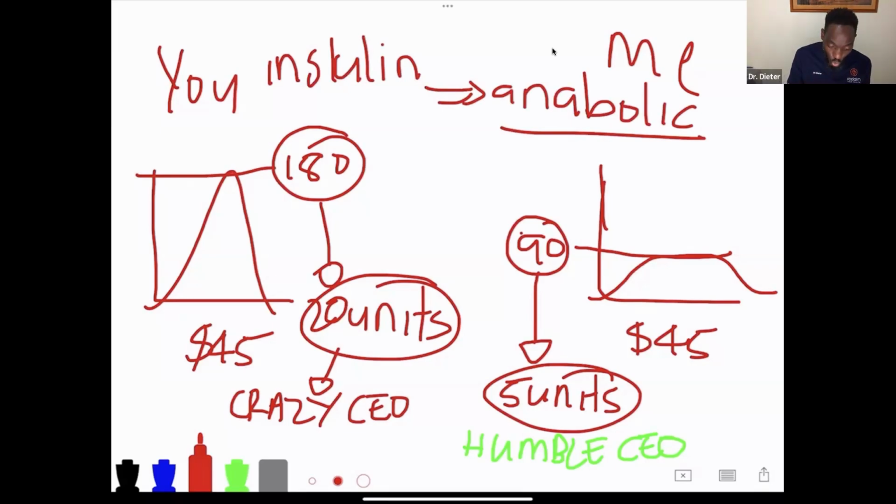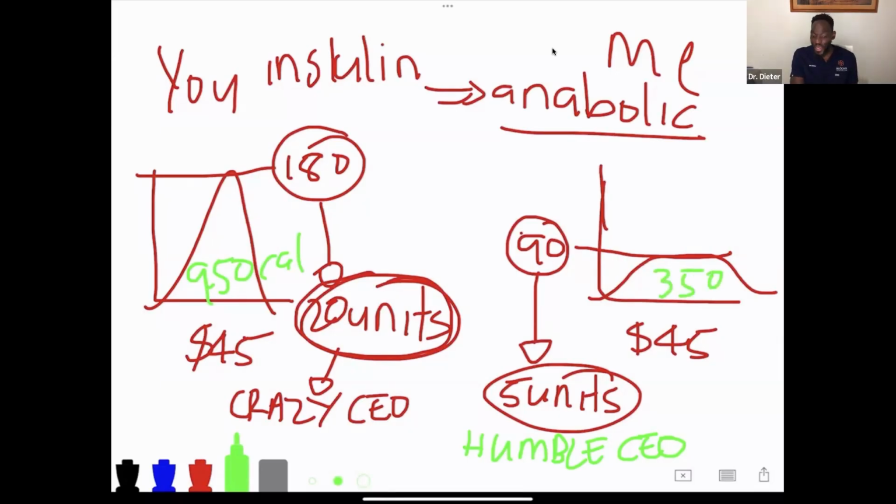So for you, whose insulin was 20 units, from this plate of lasagna, you may gain 950 calories, okay? For me, because I only produce 5 units of insulin from this same plate of lasagna, same quantity, I would have gained only maybe 350 calories. A big difference. That's what fiber does.